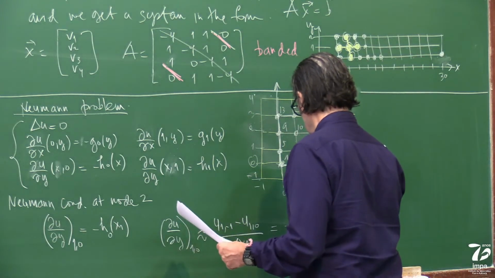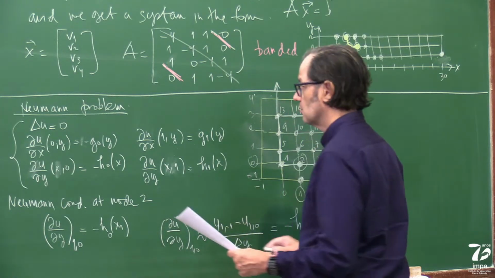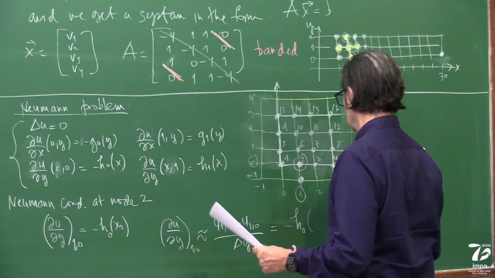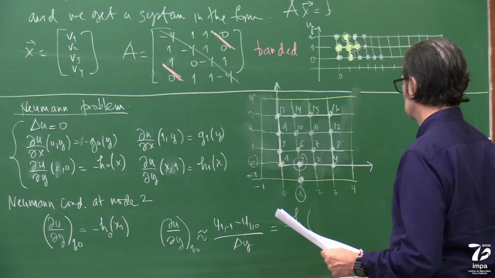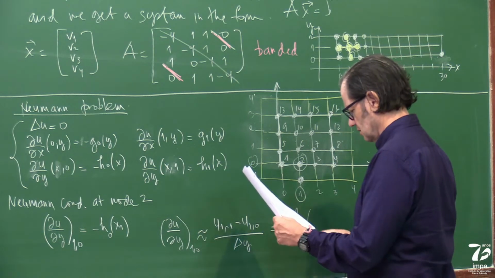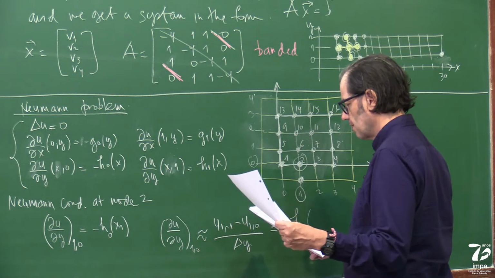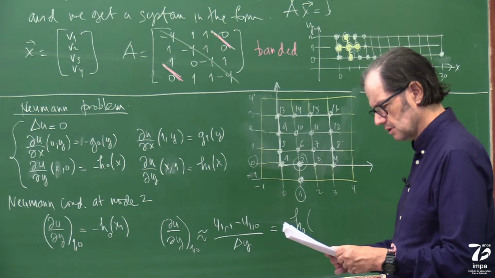And this is equal to minus h0, which was my boundary value, so this is the guy here, minus h0, and I'm calling it at x1, which would be this first point here inside. This is actually bad notation.